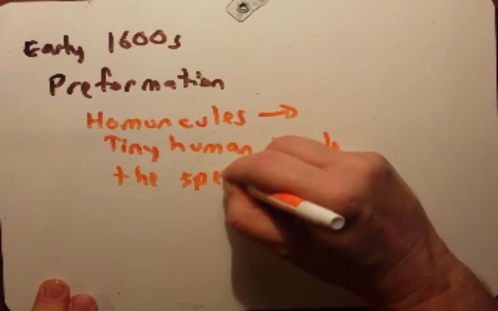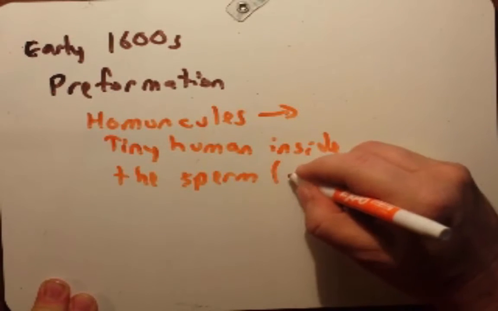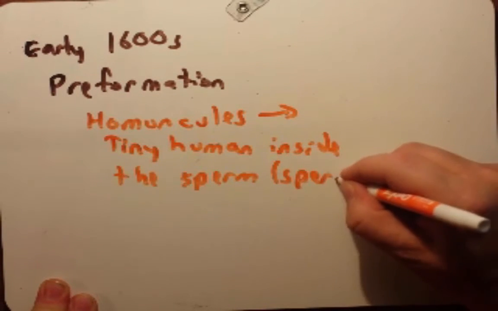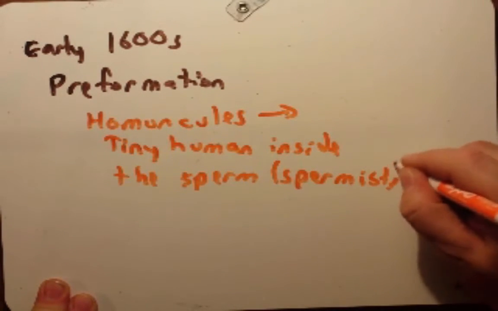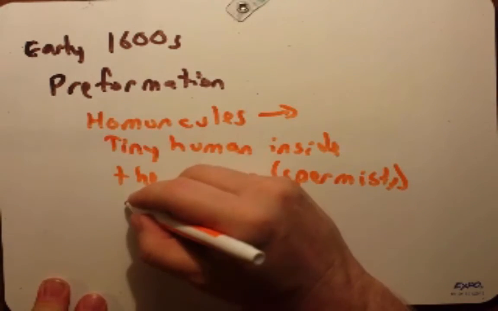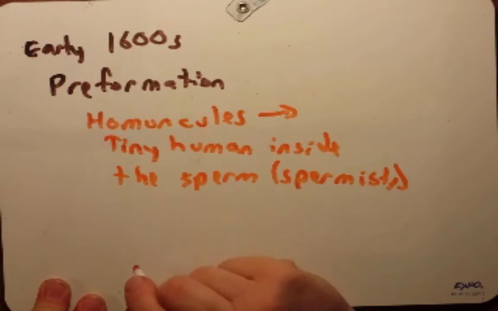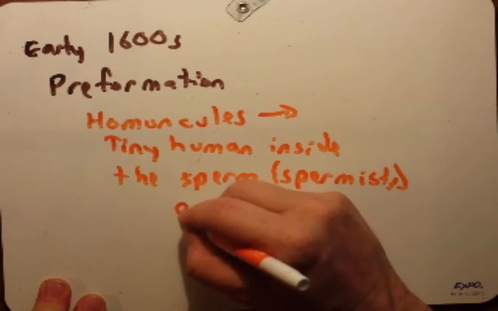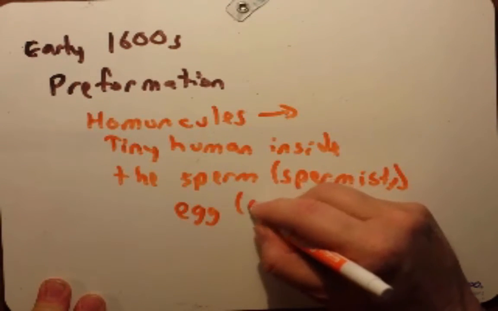That was the prevailing thought. And so these individuals were called, cleverly, spermists. There were some also, not as many, but some that thought that the tiny human lived in the egg, or the oocyte, and they were called ovists.